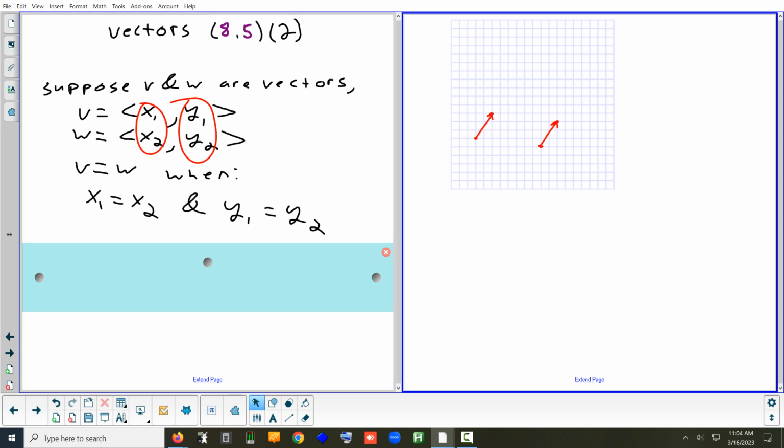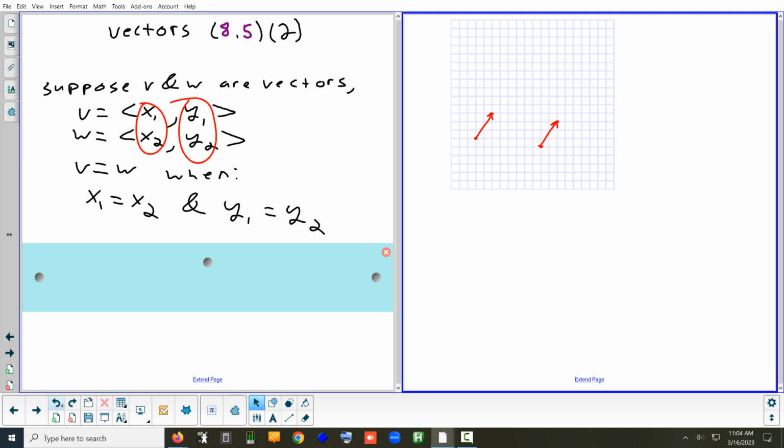Another way to think of it would be, if you had two vectors like this and you dragged them so they had the same initial point, would they look exactly the same? And the answer there is yes. So as long as they have the same initial and terminal point, when you drag them together like that, then yeah, they're the same. Another way to think of it is they each have the same magnitude and they have the same direction.